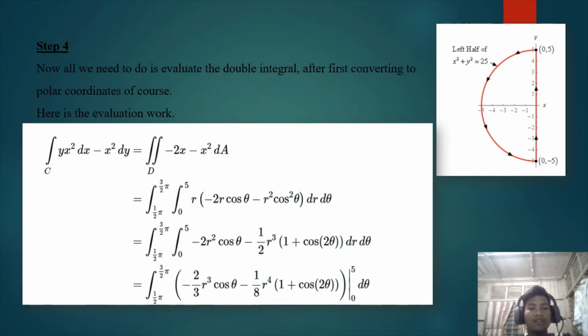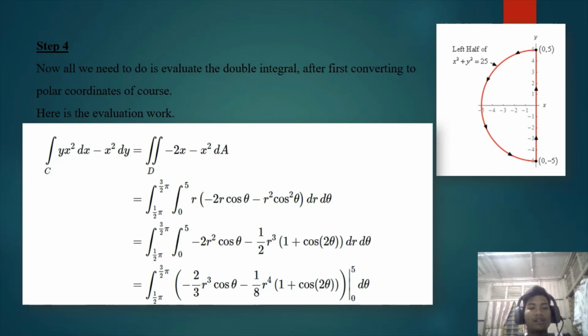So the double integral has theta from 1/2 pi until 3/2 pi, and r from 0 until 5. Don't forget to put in the extra factor of r according to the polar coordinate formula. So r is multiplied by negative 2r cos theta minus r squared cos squared theta, dr d theta.